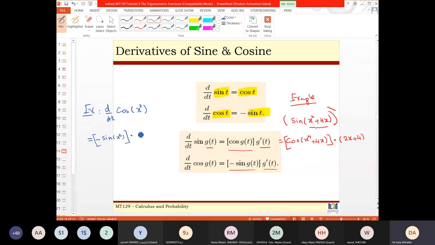And we should multiply with the derivative of the inside, which is 3x squared. You got that?